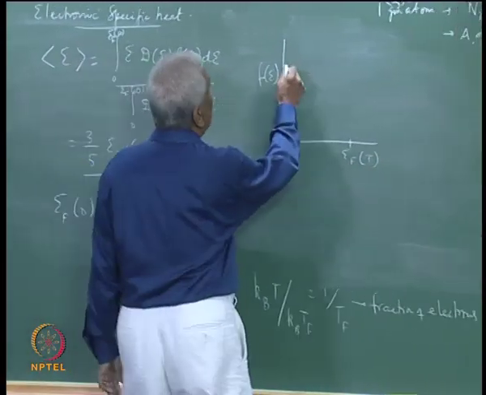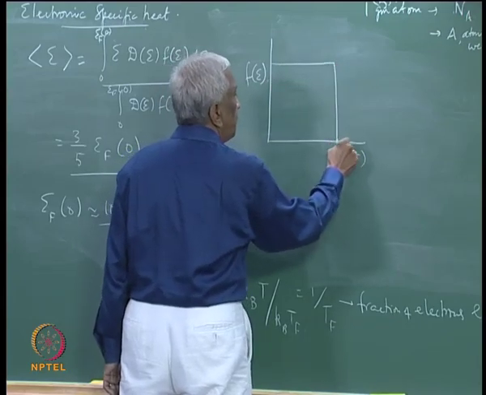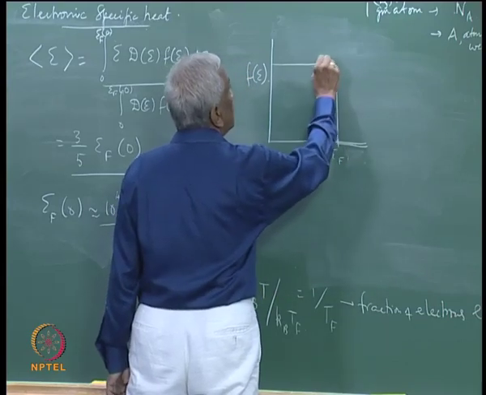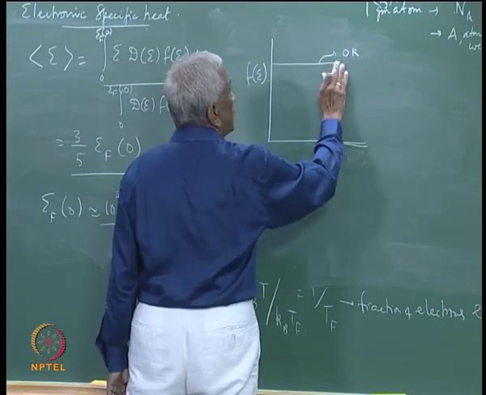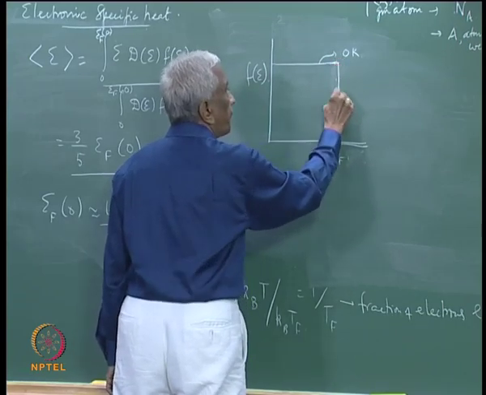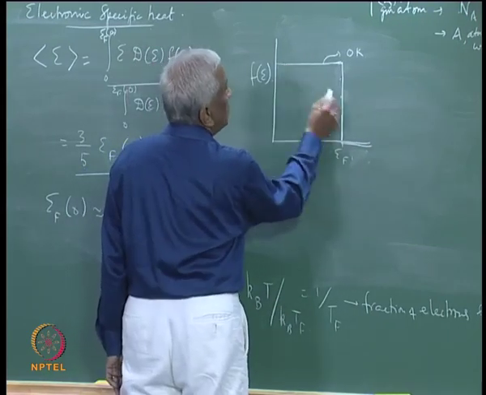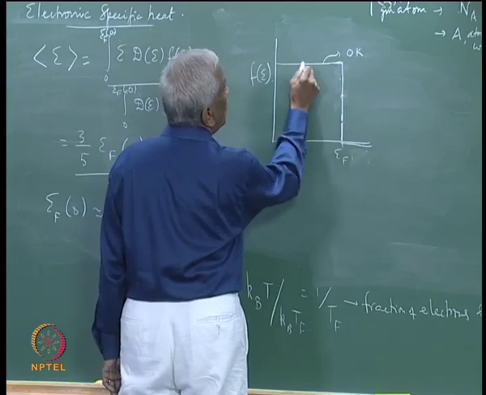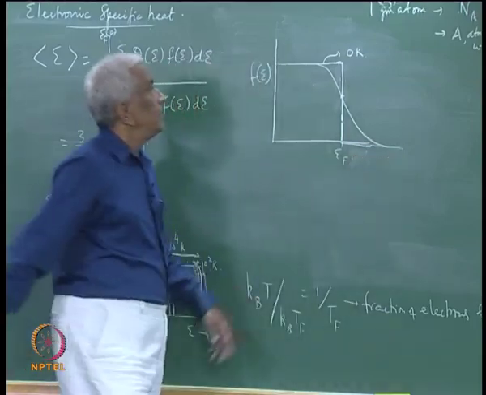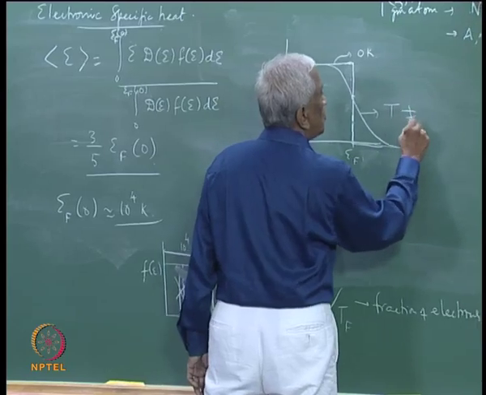So, the distribution function now deviates from the behavior at absolute 0. This is at 0 Kelvin, as we have already seen. And at a finite temperature, this reduces to something like this.